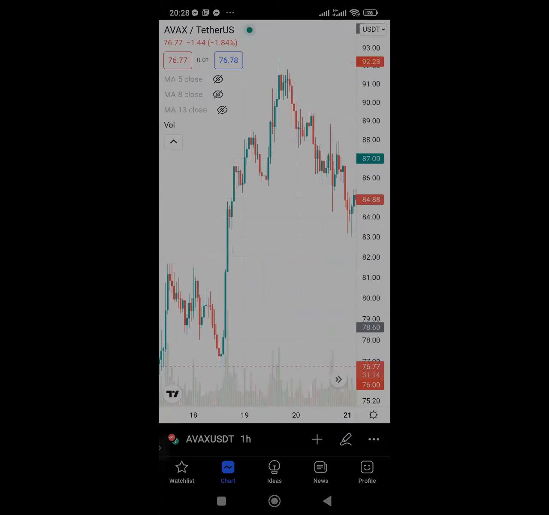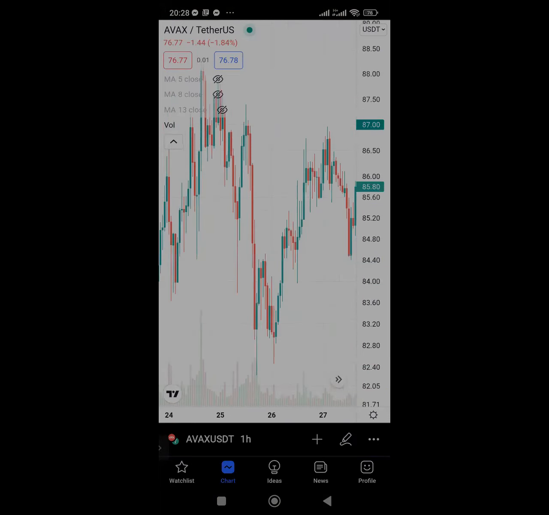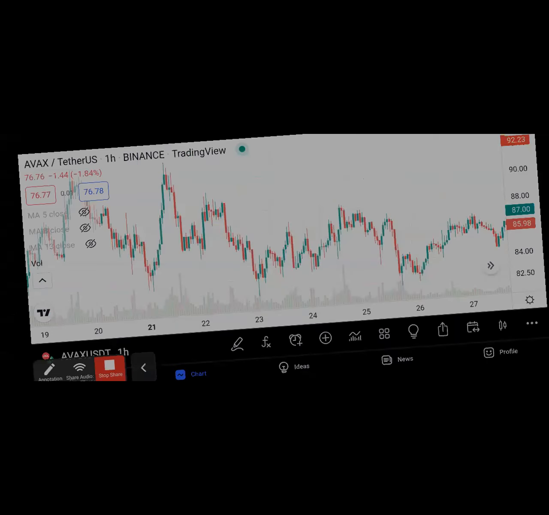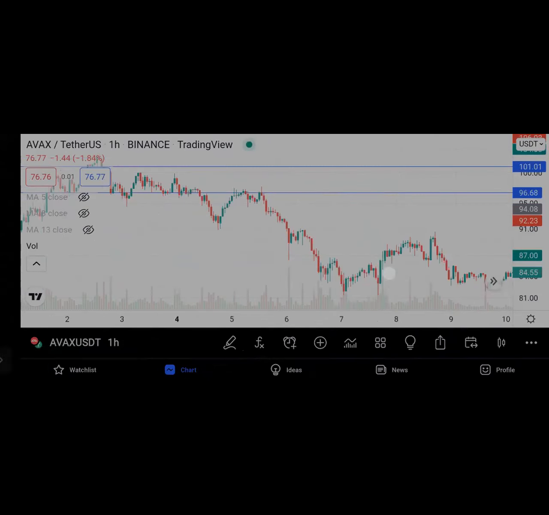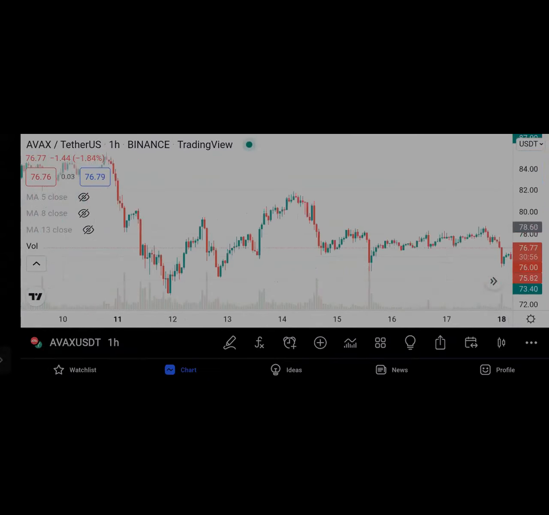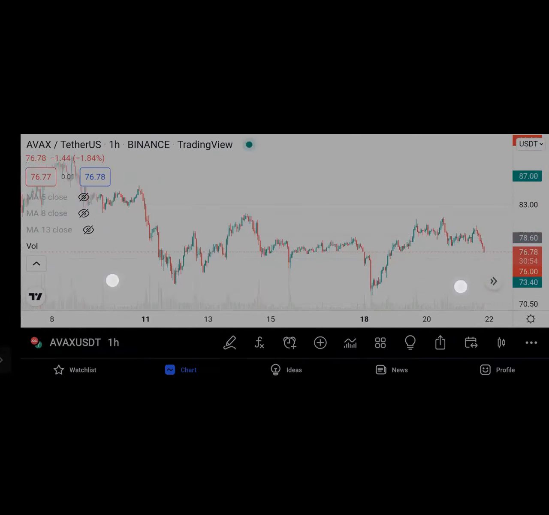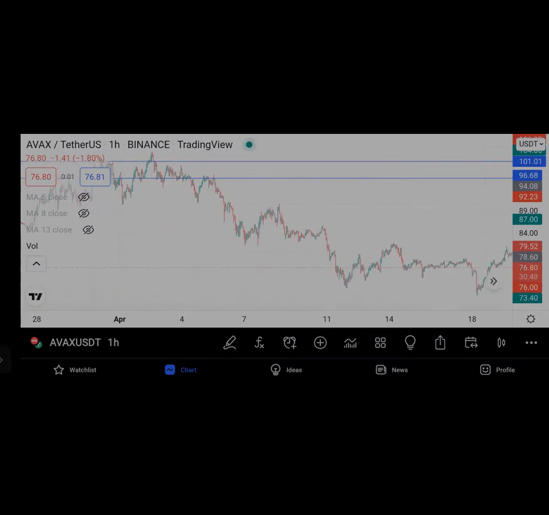I saw you when you were searching for that coin, when you wanted to show us a double bottom, you searched the coin, the whole word, AVAX. Yeah, but on my TradingView, it only requires me to type one letter. Yeah, but I saw you typing AVAX, the whole word.